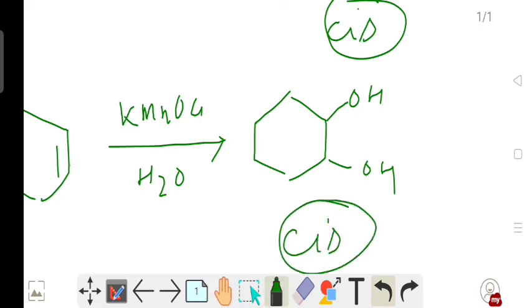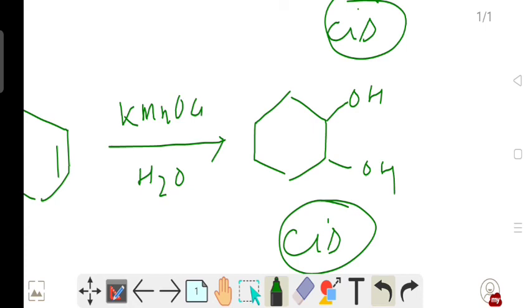This reaction is also used to identify the double bond. You know the color of potassium permanganate is violet. So if you prepare a very dilute solution of potassium permanganate and add it drop-wise to the alkene, then after reaction the violet color of the potassium permanganate will disappear. So this is an identification test for the double bond.